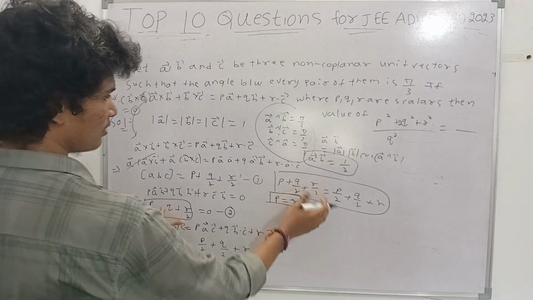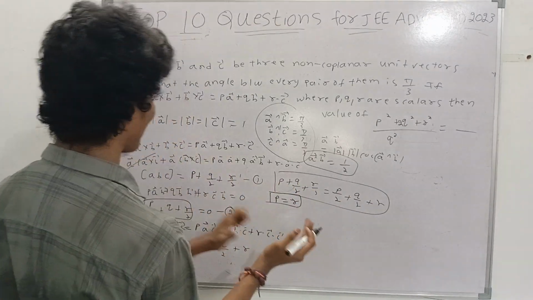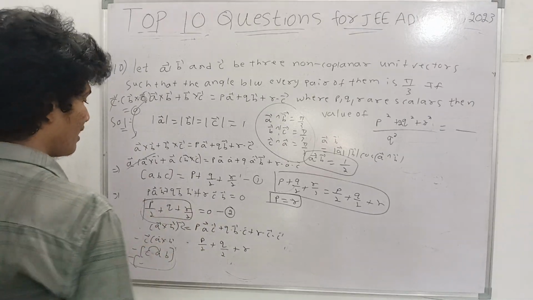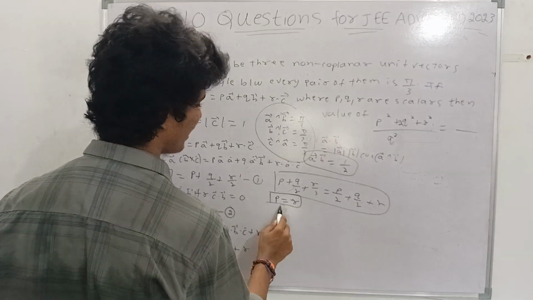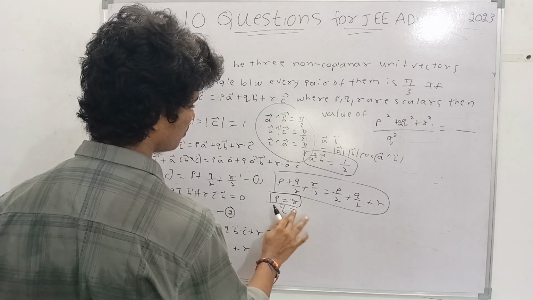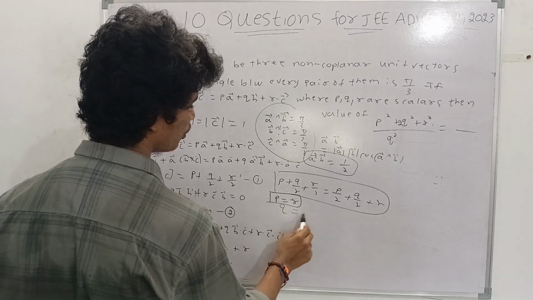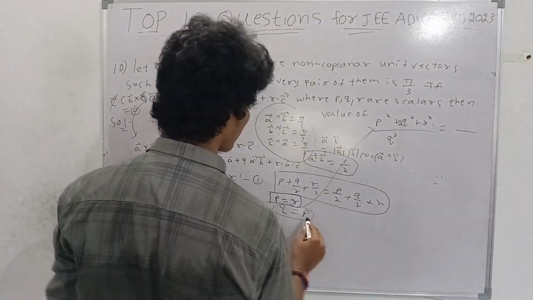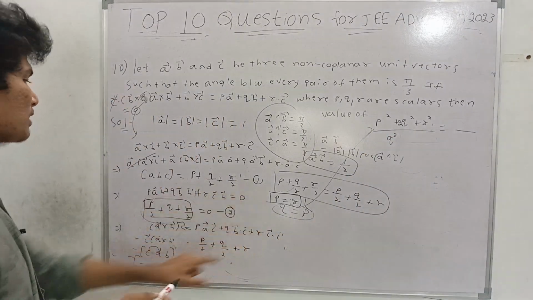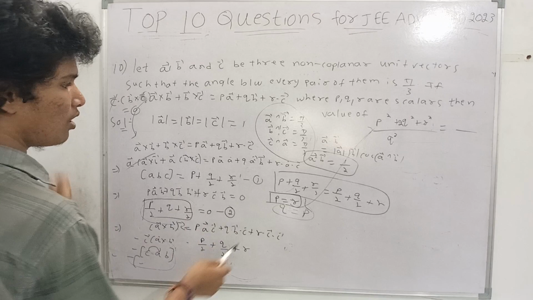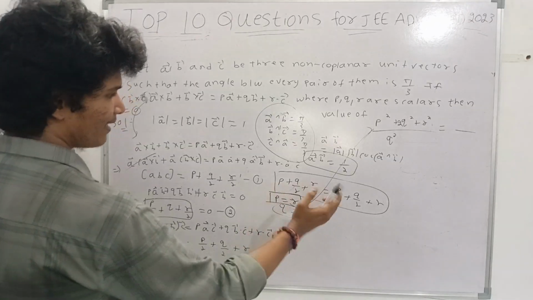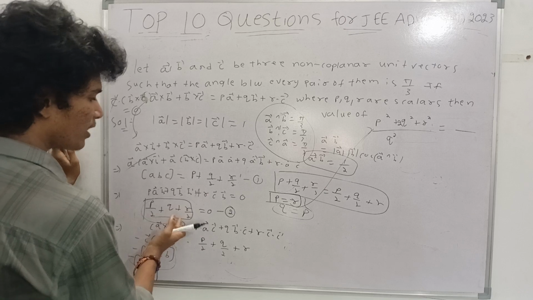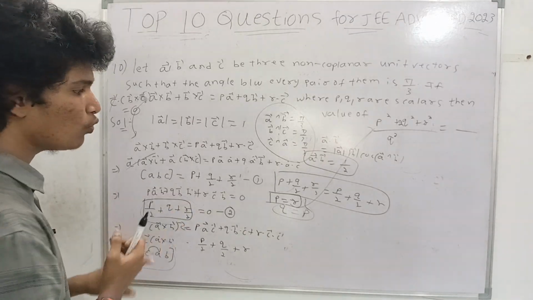I have to take the left side and right side, shuffle them, and compare with the equation equal to 0, and I will get p equal to minus r and q equal to p. Now substitute these two things here. I have directly written the answer because you can solve these two things. Take the left side or right side, make it equal to 0, compare with these two equations, and find the values of p, q, r.